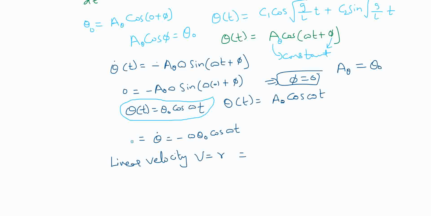So I will write angular velocity with a different sign, and that will be r times that. So then we get minus L omega theta naught sin omega t. This is the linear velocity. Sorry, when we differentiate theta, we get sine omega t here.